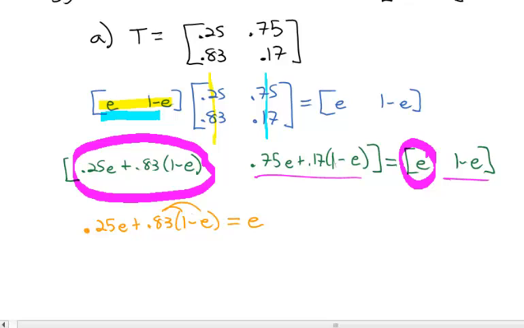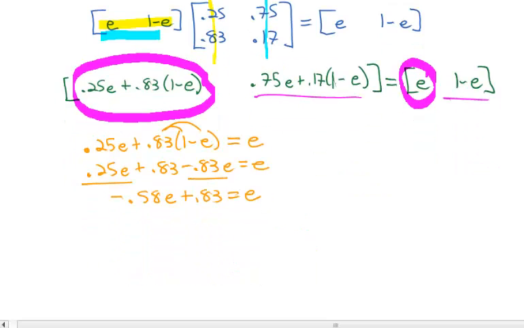So let's solve it. Distribute, we get 0.25e plus 0.83 minus 0.83e equals e. Combine like terms. We've got 0.25 minus 0.83 gives us negative 0.58e plus 0.83 equals e. Get the e's on one side by adding 0.58e.